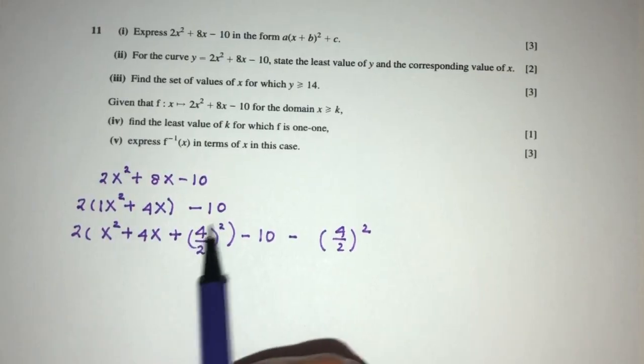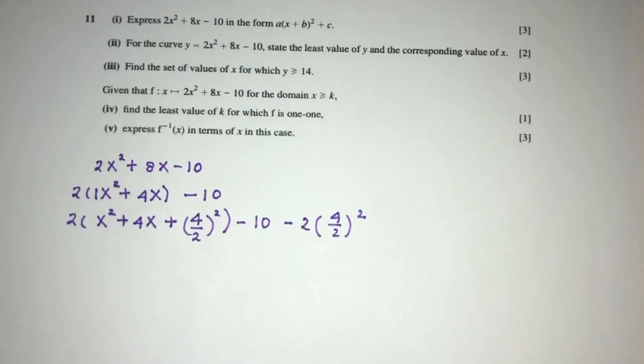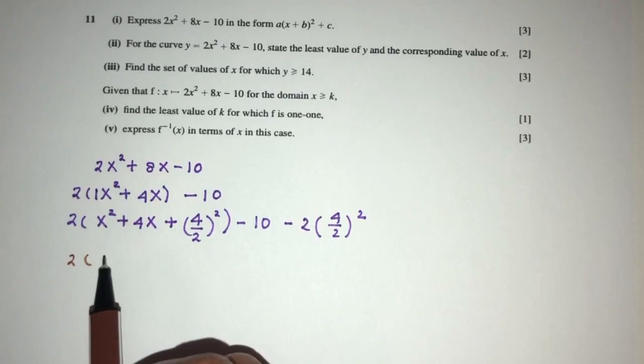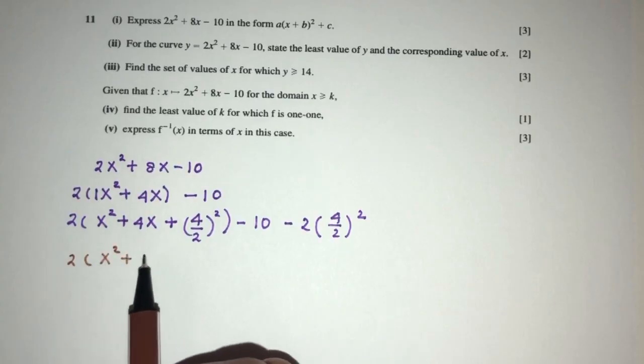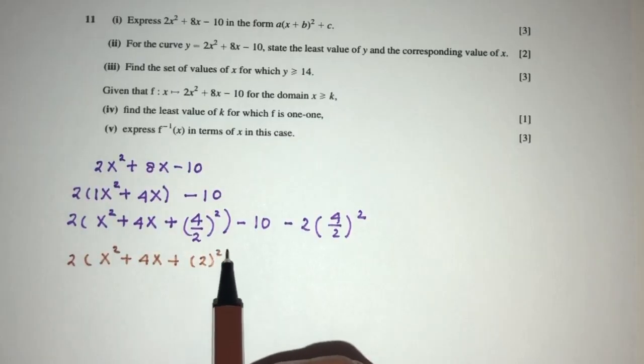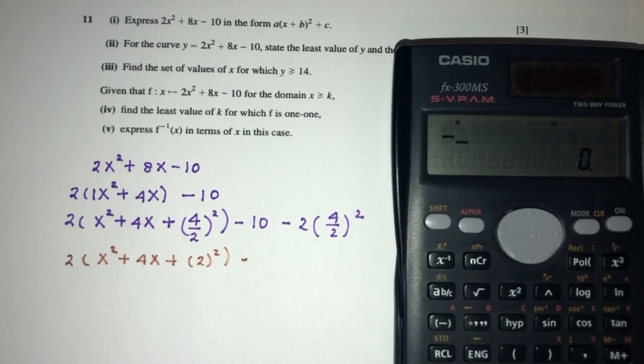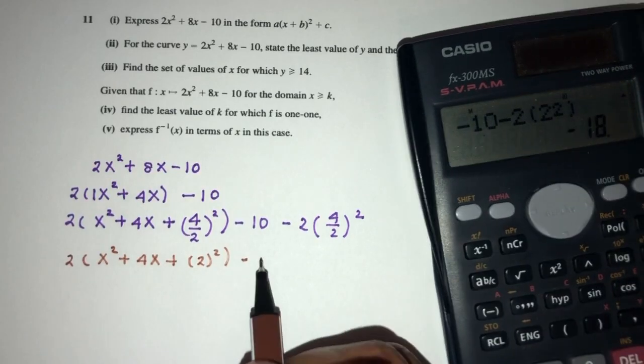Now because it was inside the bracket, we also have to multiply it by the value of 2, if that makes sense. So here you will have 2 x squared plus 4x plus 2 squared, then minus 10, minus 2 times 2 squared, that will be minus 18.